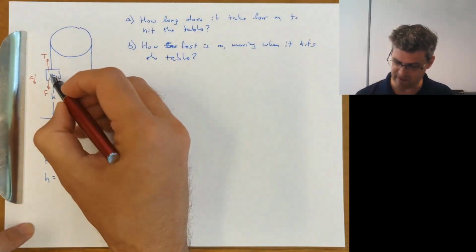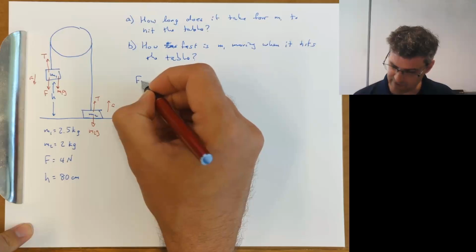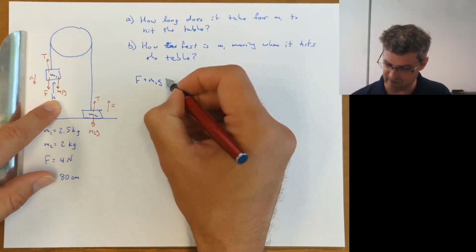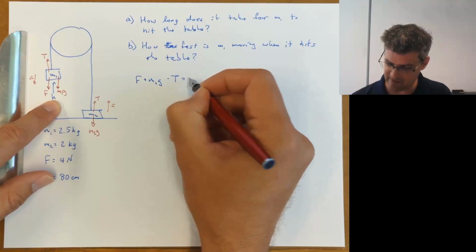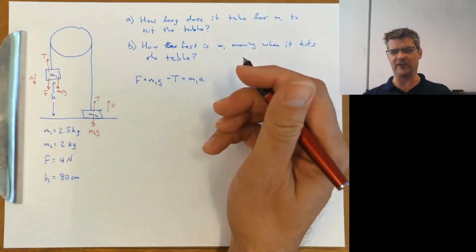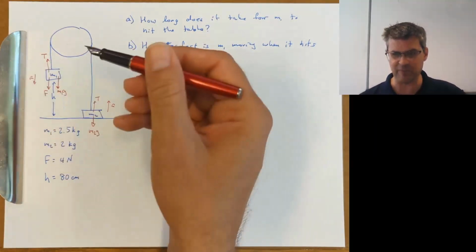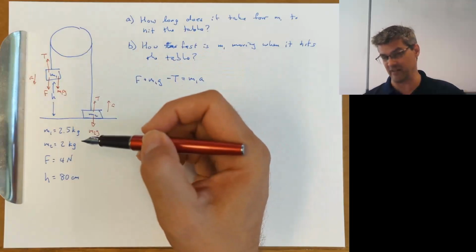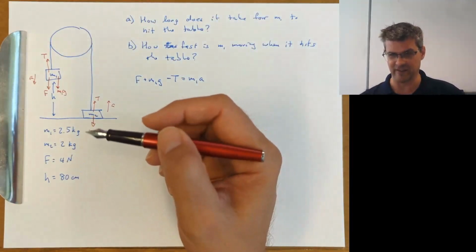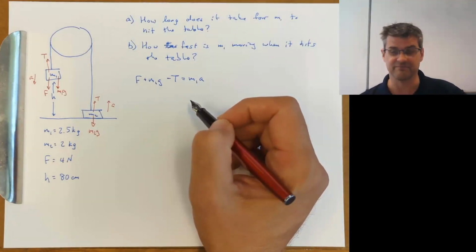So the M1 diagram says that F plus M1g minus T is equal to M1a. And you're thinking to yourself, hold on a second. When we were looking at these before, forces that were up were positive, forces that were down were negative, accelerations that were up were positive, accelerations down are negative. All I did was factor out a minus sign.